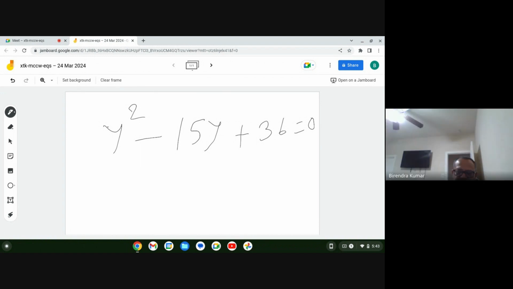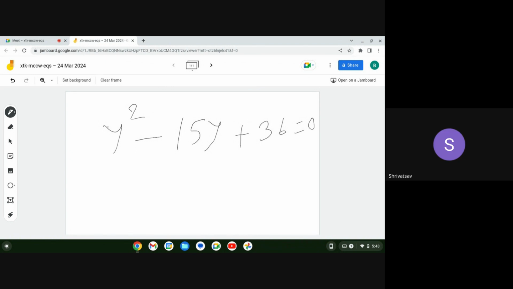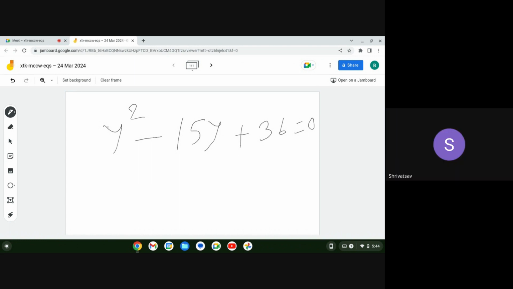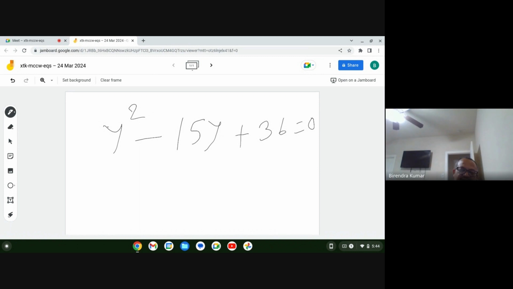So this thing belongs to x minus y whole square. So now first we take the factors for 36. Yeah, you first check.